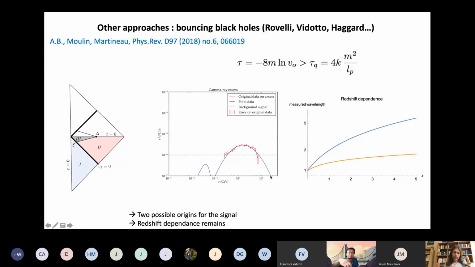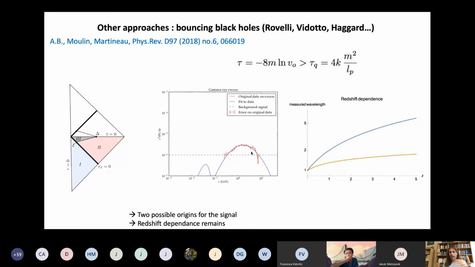So we have shown that we can explain some fancy astrophysical effects, for example, the Fermi gamma ray excess. Well, let's be honest. It's much more probable that those are astrophysical effects. For those of you who don't know, this is an excess of gamma rays coming from the center of the galaxy.